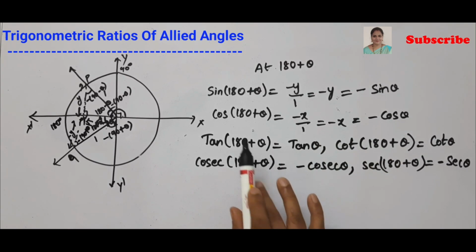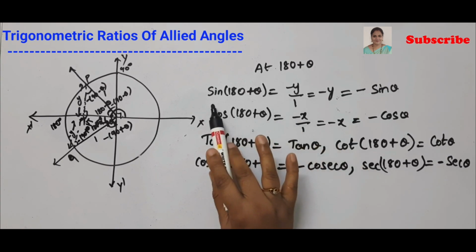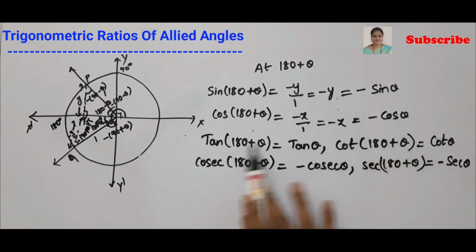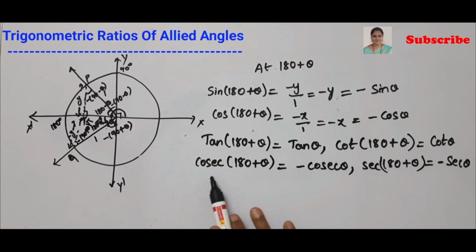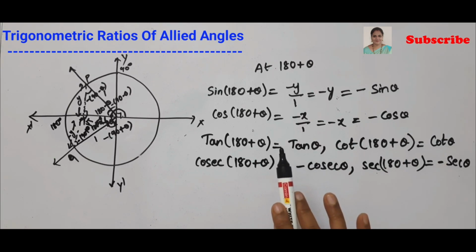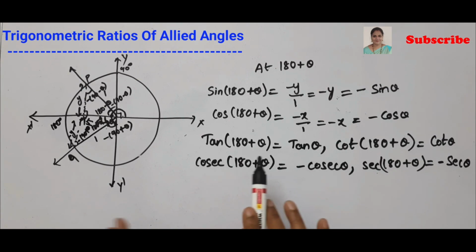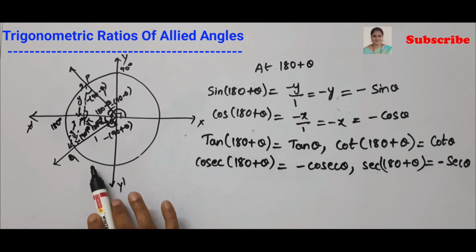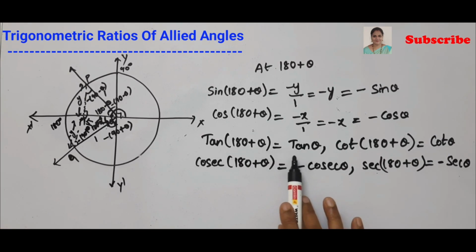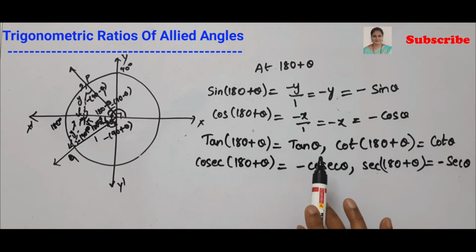And if you observe, the trigonometric ratios at 180 plus theta do not change: sine stays sine, cos stays cos, tan, cot, cosecant, secant. There is no change in the trigonometric ratios at 180 plus theta. Only there is a change in the signs, as this angle is in the third quadrant, where tan and cot are positive and the remaining trigonometric ratios are negative. Okay.